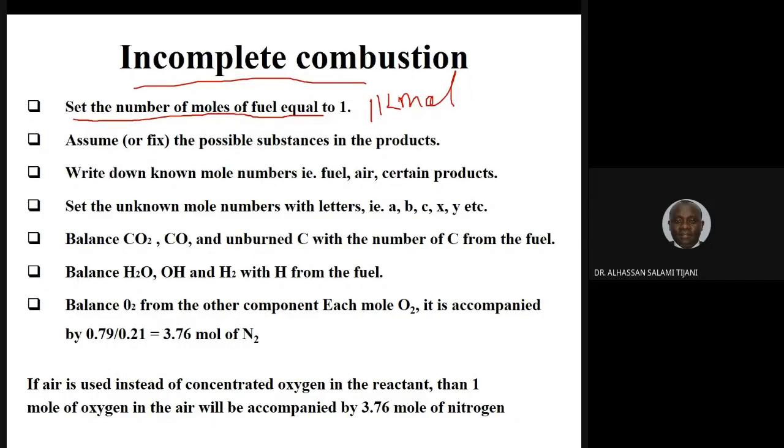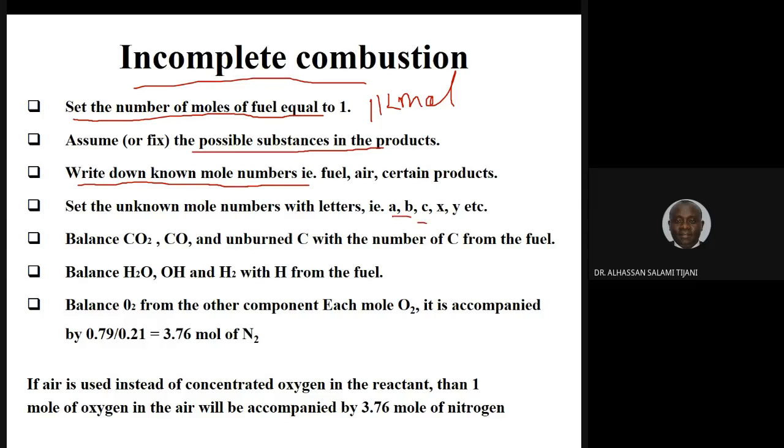And then assume or fix the possible substances in the product. And next, write down the known mole numbers, that is fuel, air, and in the product. Now set the unknown, I'll go through all this one by one later on. Set the unknown mole numbers with letters, that is A, B, C, X, Y, Z.